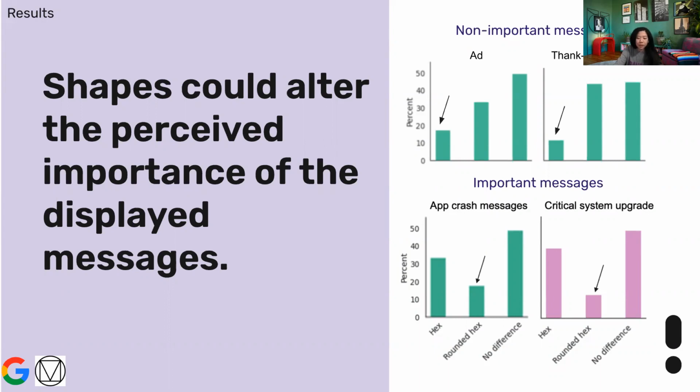Participants had a significantly higher tendency to expect the angular dialog to display an important message, like an app crash message, over the rounded dialog. As you can see in the figure here, for the non-important messages, relatively only around 20 participants would expect the angular hexagon to display this ask or like thank you message.